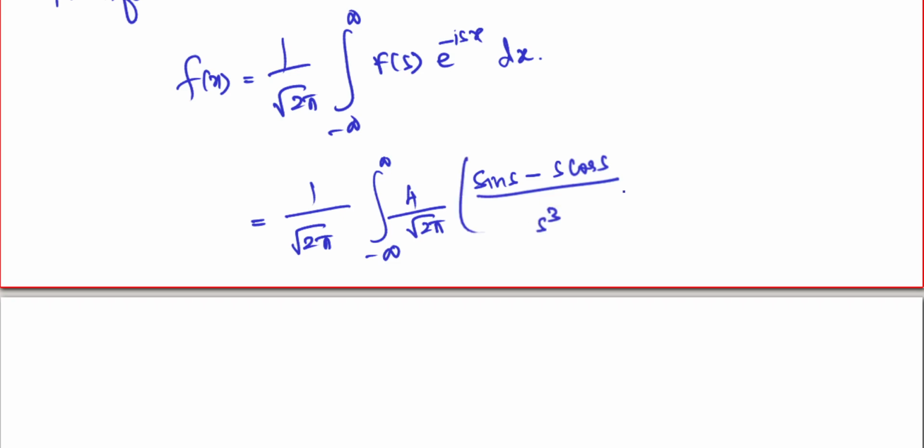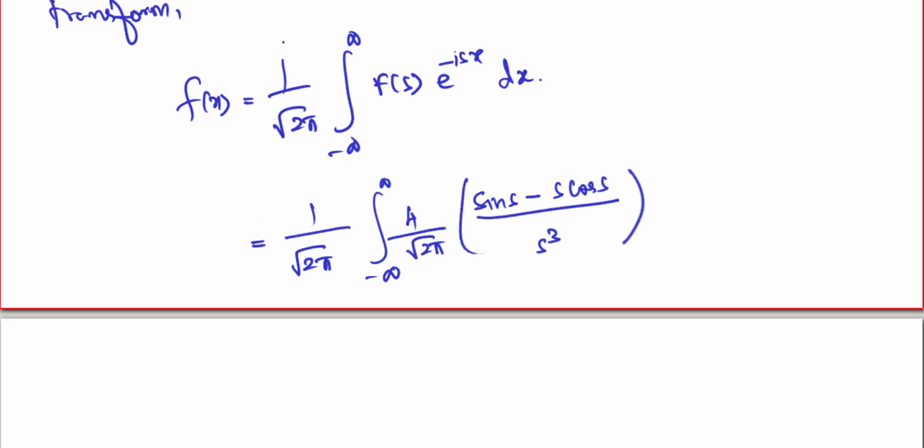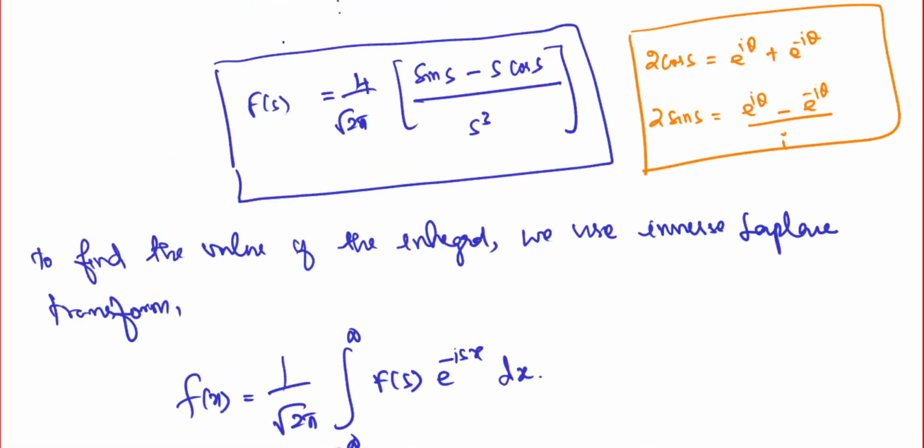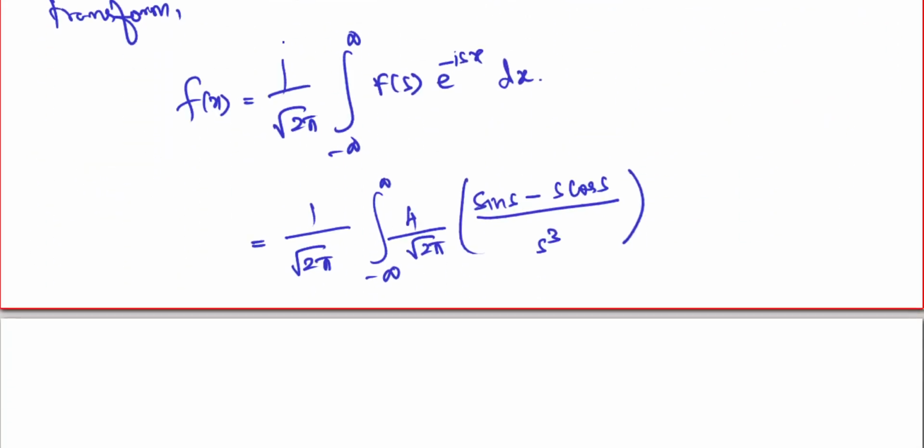So this is coming from the Fourier transformation of f of x, which I have just written at the top. And of course, further into e to the power minus isx into dx. All right. Now how do you solve this problem? You know, e to the power minus isx is nothing but cos sx minus i sin sx. So just put it together.